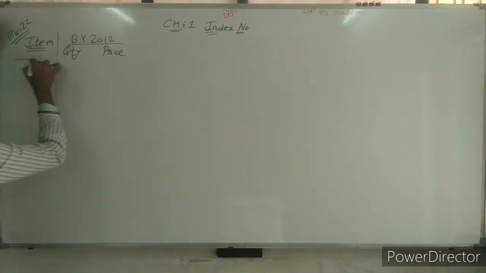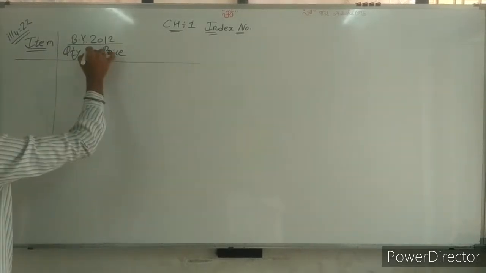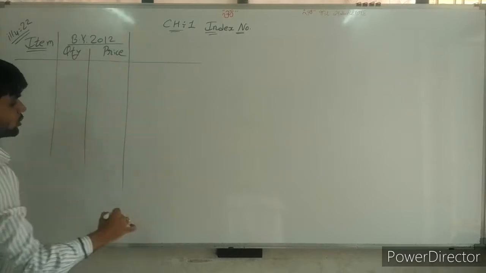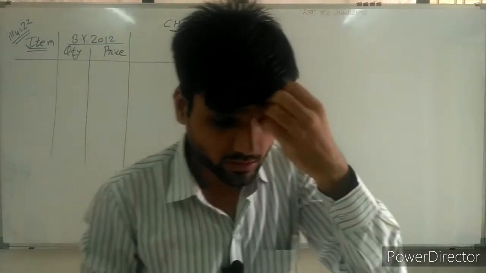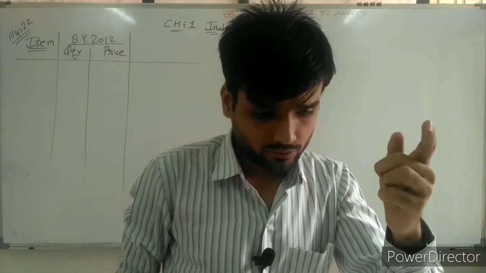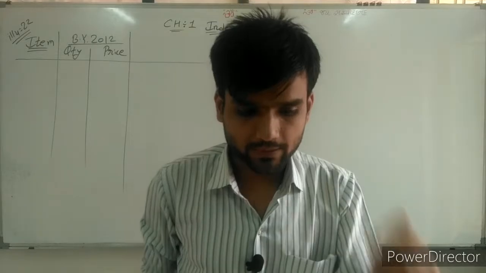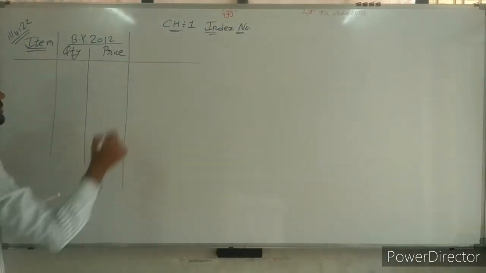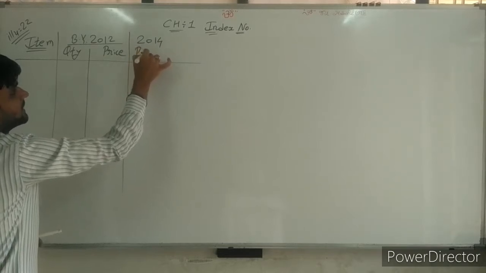First of all, whatever is given, that I am writing. Going ahead. Next information, year 2014 information, price given. So 2014, only price available.